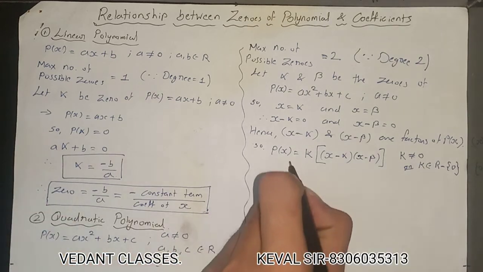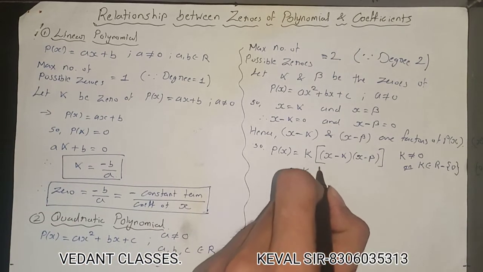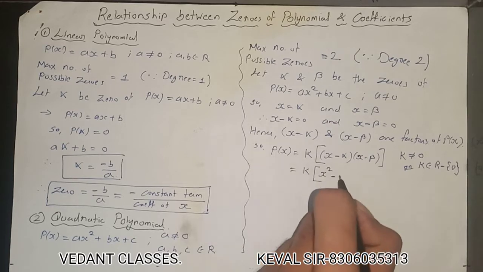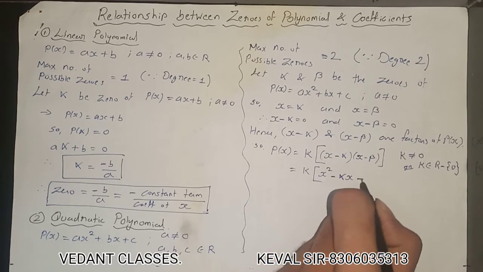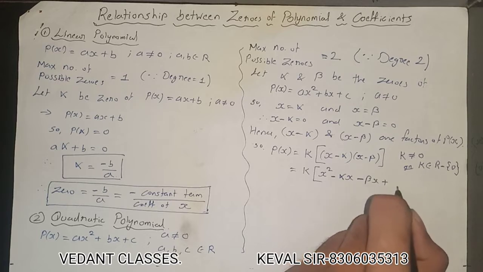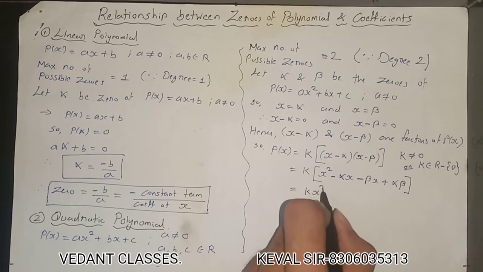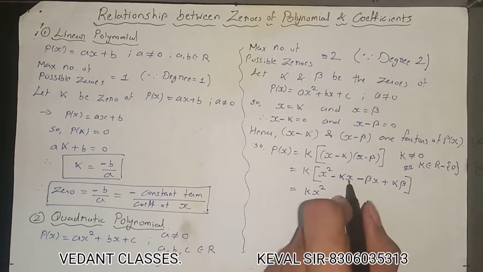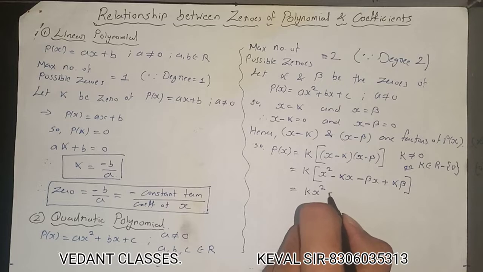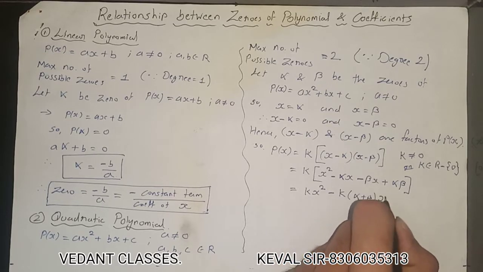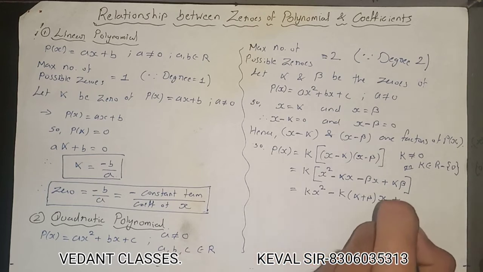So this will be k times x square minus alpha x minus beta x plus alpha beta, which is kx square, taking the minus sign common, minus k times alpha plus beta times x, and the third term will be k alpha beta.